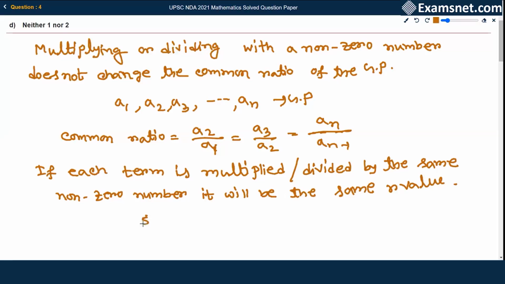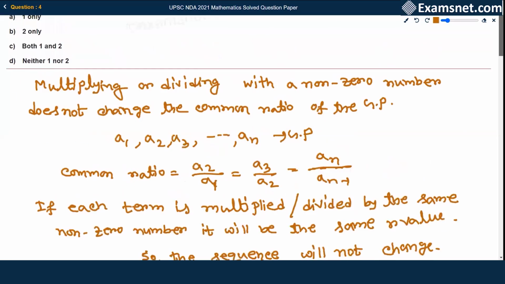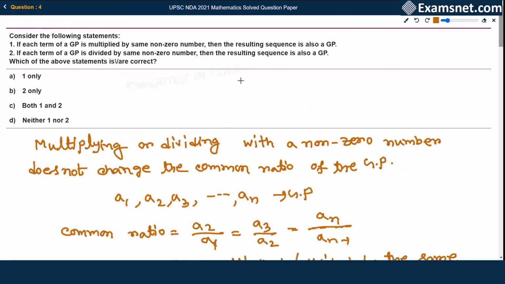Okay, so the sequence will not change, right? That means here the resulting sequence is also a GP. Yes, so both the statements are correct here. Option C is the correct one.